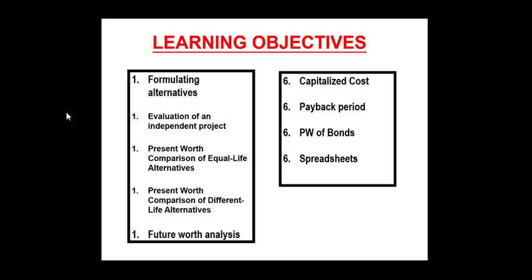In this part we study formulating alternatives and evaluations of independent projects, present worth comparisons of equal life alternatives, and present worth comparisons of different life alternatives. Then we study future worth analysis. Capitalized cost is another way to calculate the present worth, and payback period is another criterion to be used to screen projects. And present worth of a bond.